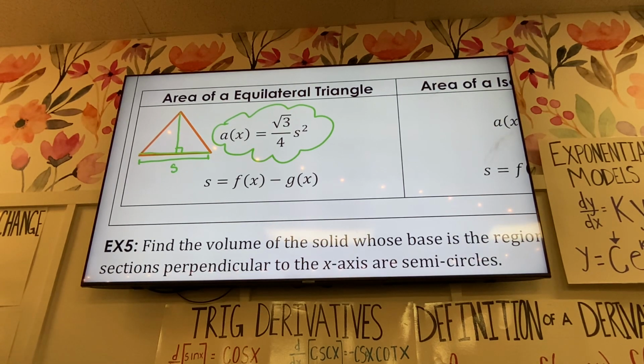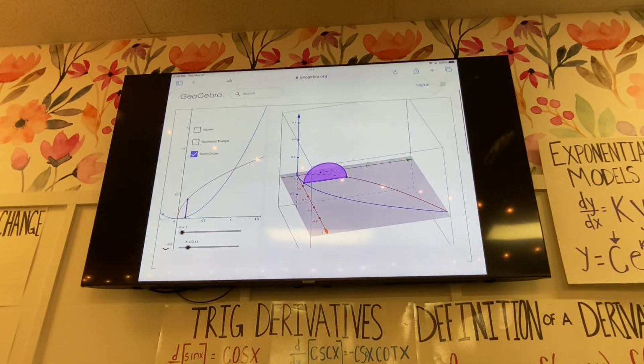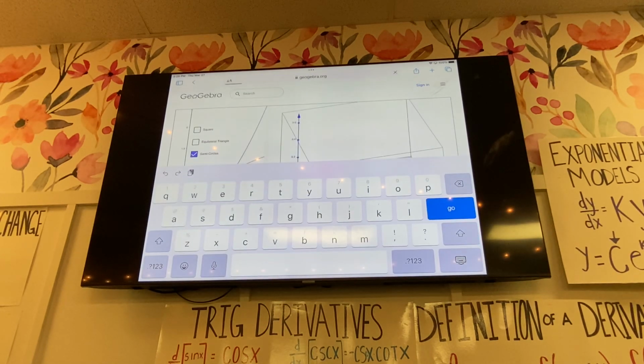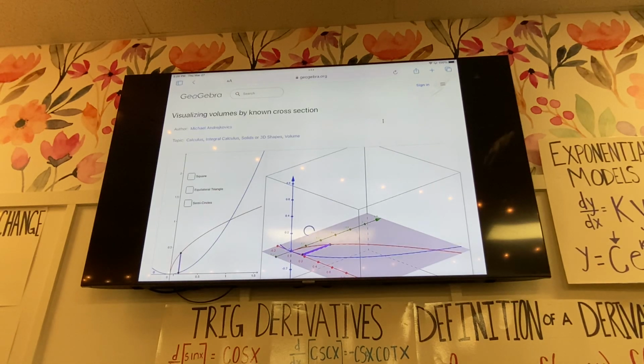All right, and so then when you are using your cross sections, your side is going to be the top minus the bottom, and that's going to give you your side length. So let's go back to my visual here. Hold on, we have to reload it.